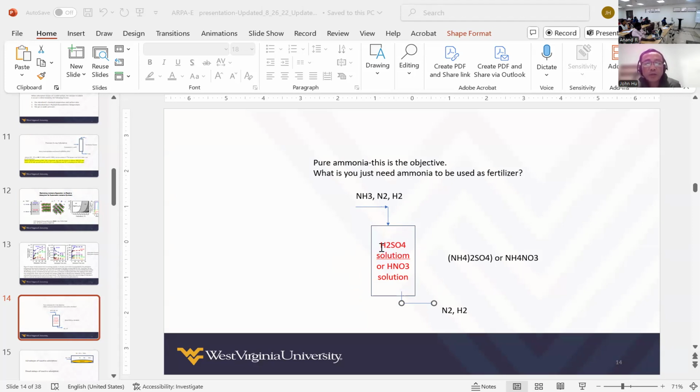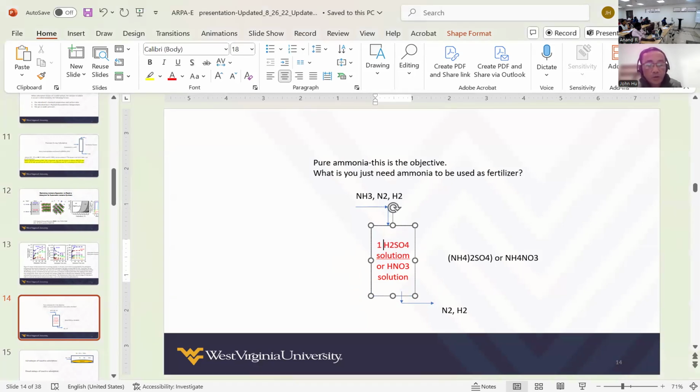Let's say you use a 1 M sulfuric acid solution, and when the ammonia is dissolved, you just vaporize the water, and then you have this powder, the fertilizer. It's ammonium sulfate. You can apply this in the farm's field right away.